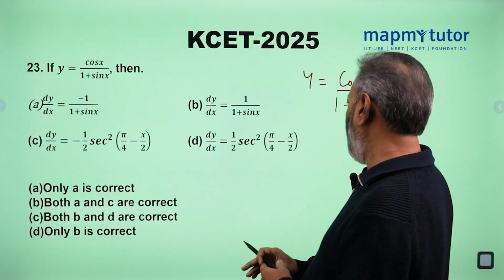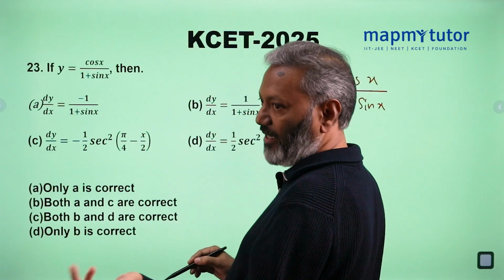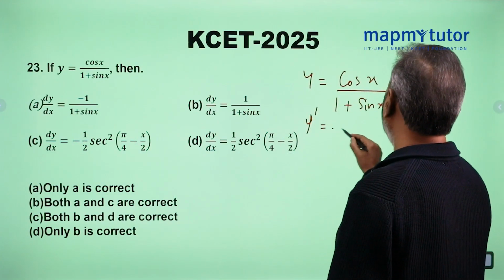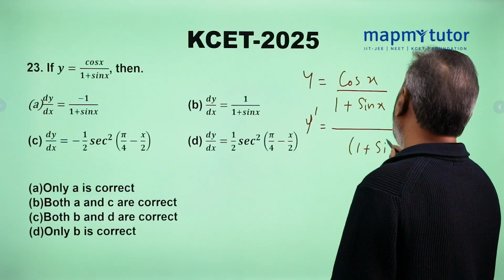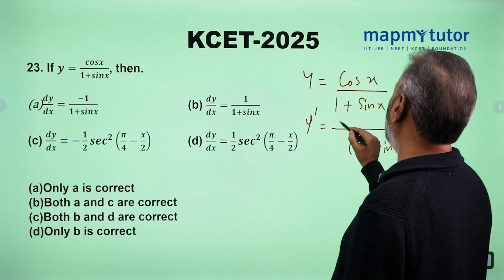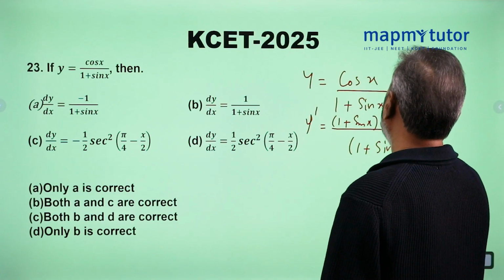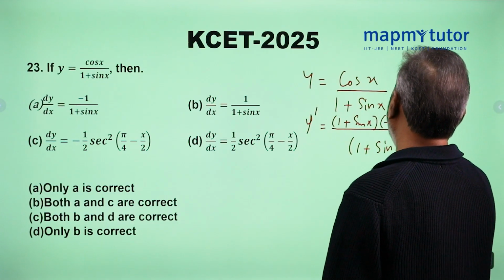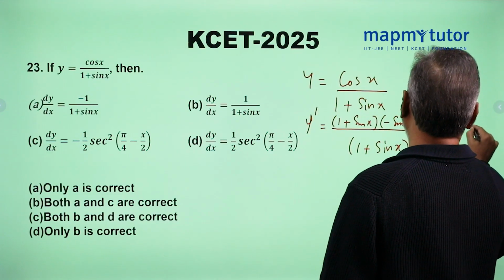Okay? Let me check. First, let us find out y dash, of course, dy by dx. Using your u by v rule. Everybody knows. U by v rule, 1 by v square, of course. And in the numerator, v into u dash, that means 1 plus sin x into u dash, that is minus sin x, minus u into v dash, that is cos x.